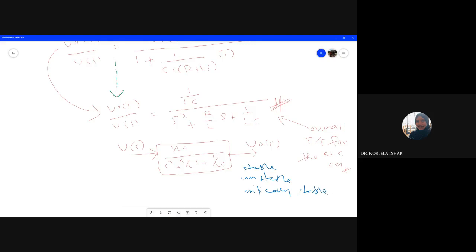This is the behavior we want to analyze from the transfer function. So now we are done deriving the overall transfer function, and once you get it, we can analyze the behavior of our RLC circuit. Is our system stable, unstable, or marginally stable?